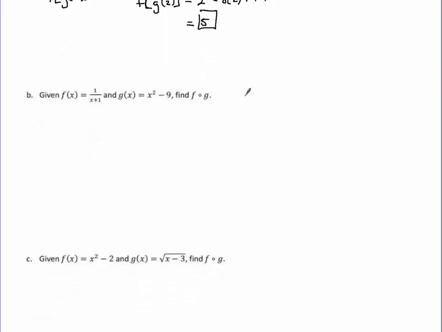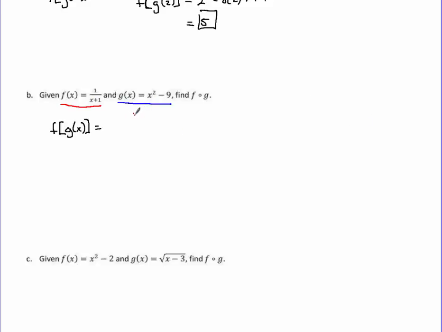Okay, so this one will be a little more tricky. We're going to do f of x, g of x, and we're going to find f of g of x. So everywhere there's an x in f of x, we're going to put g of x. So we're going to write out f of x.